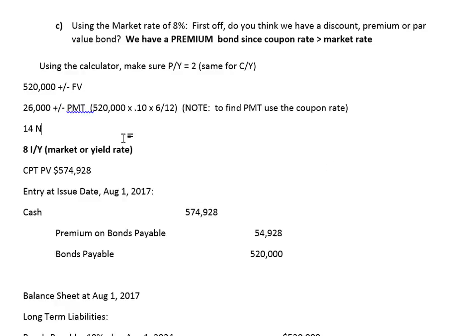We've got 14 payments that we're making. Now your yield is 8. So if you do a compute PV, you're going to have $574,928, which kind of makes sense because you said you should have a premium, and the premium means you're going to get proceeds bigger or greater than the face value.